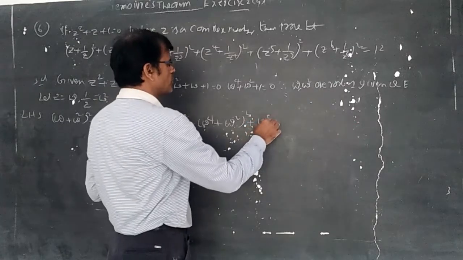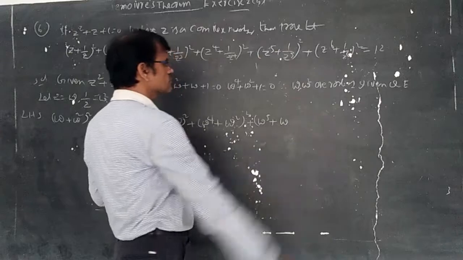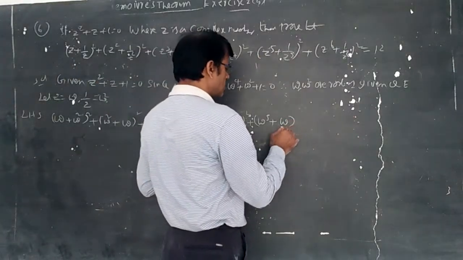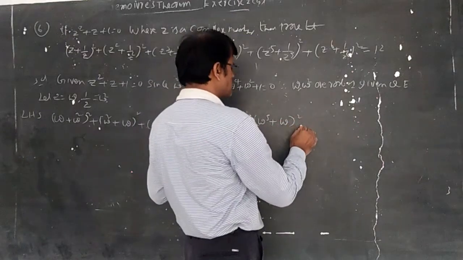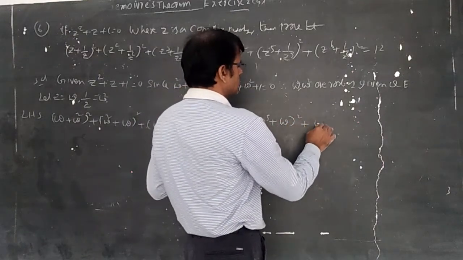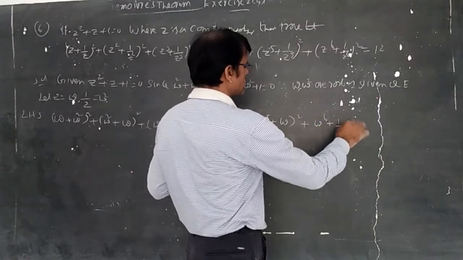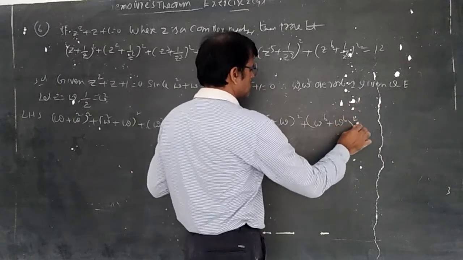This is also omega power 5 plus omega power 6 by omega power 5, so it is omega square whole square, plus omega power 6 plus omega power 6 whole square. Directly omega power 6 whole square.